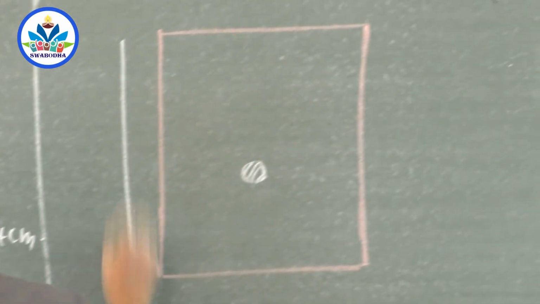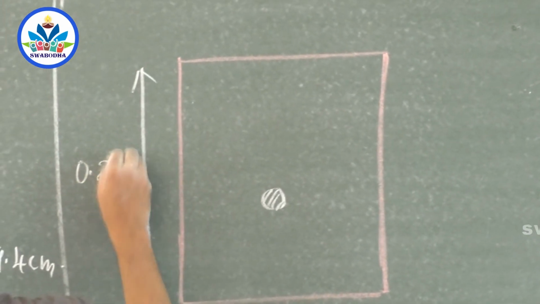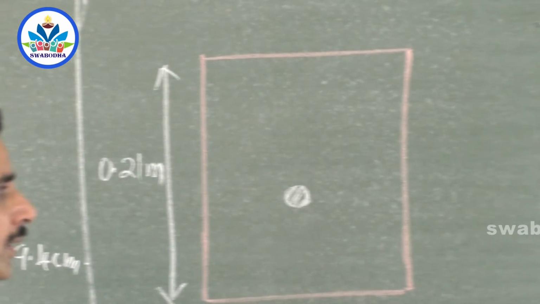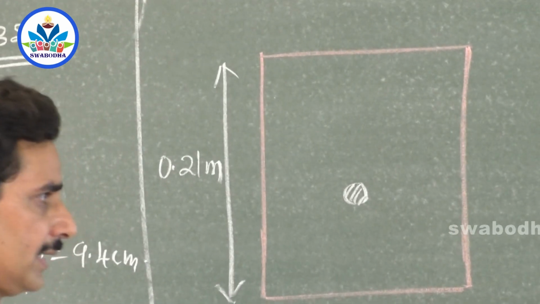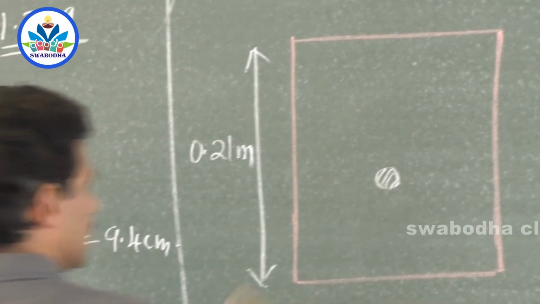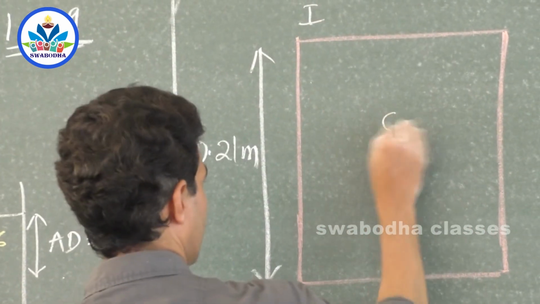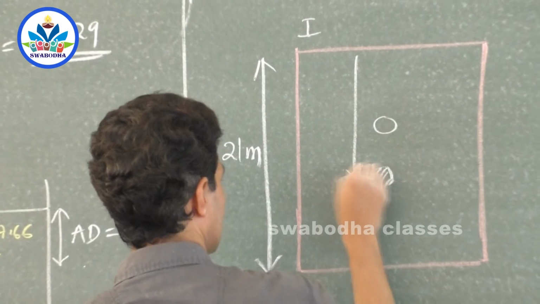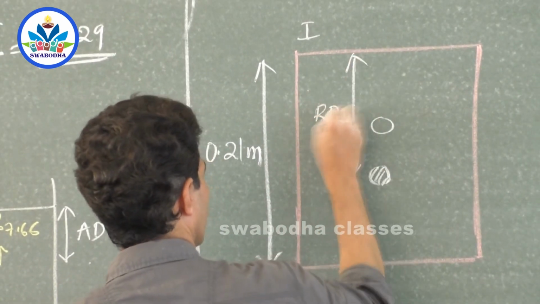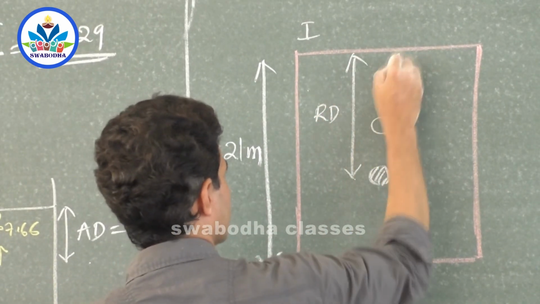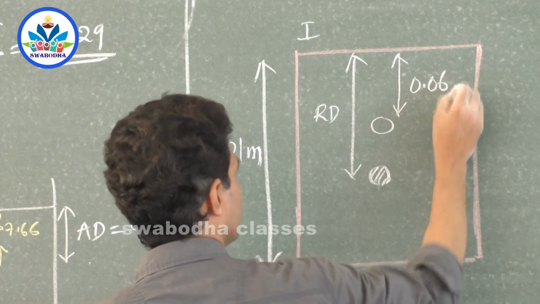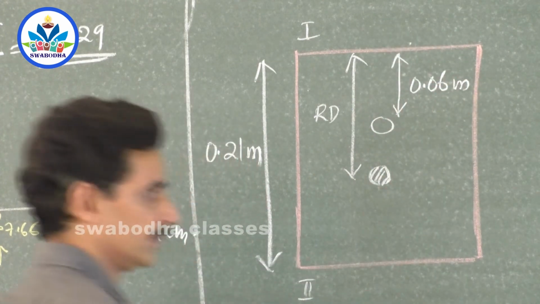So let this be 0.21. All the sides are 0.21 meters. When viewed from one face, it appears to be at a depth of 0.06. I will call this the first face, this is the second face. This appears to be here, and this is the real depth. This is 0.06, that is the apparent depth.